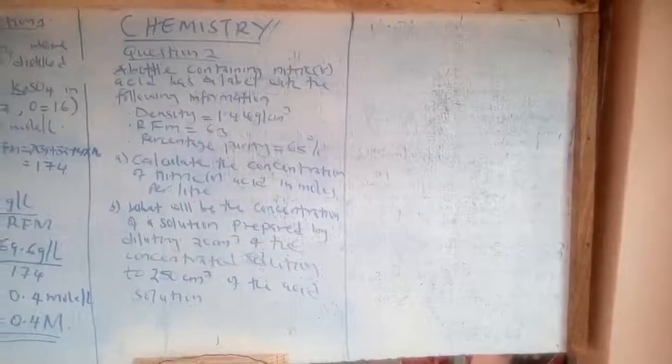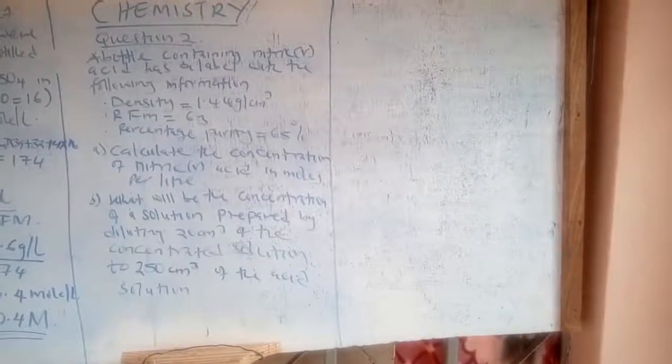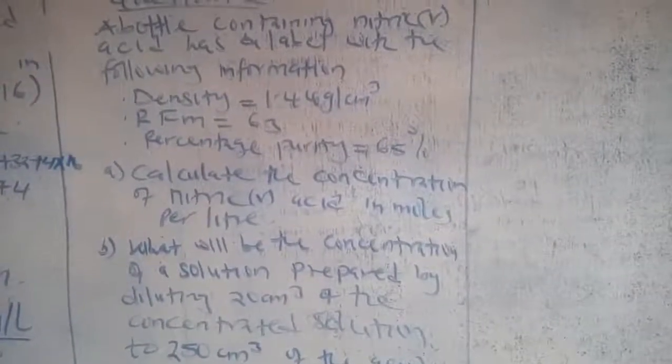So in question number 2, there is a bottle containing nitric acid with a label with the following information. The first piece of information is the density, given as 1.44 grams per cubic centimeter, and the second is the relative formula mass, which is equal to 63.